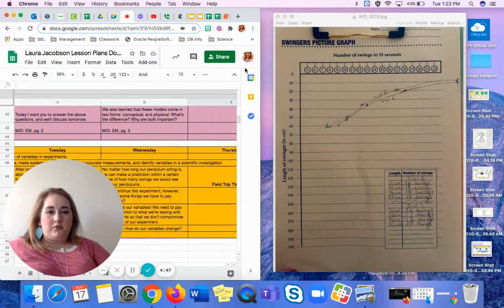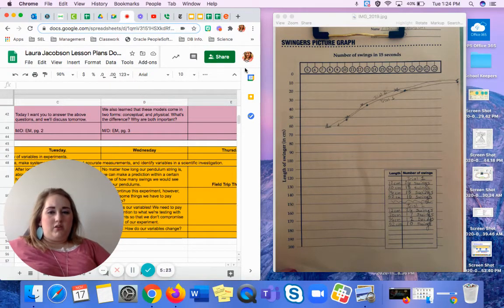If I used the same 4 pendulums we've had this whole time, but changed the variable, and we ran it for more time, or if someone else counted, or if we guessed how many swings we had, or if we changed the bob weight. All of that is going to affect our results.